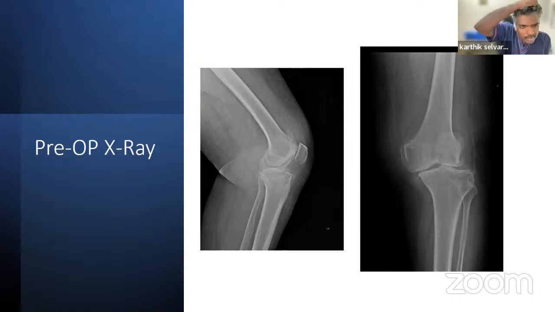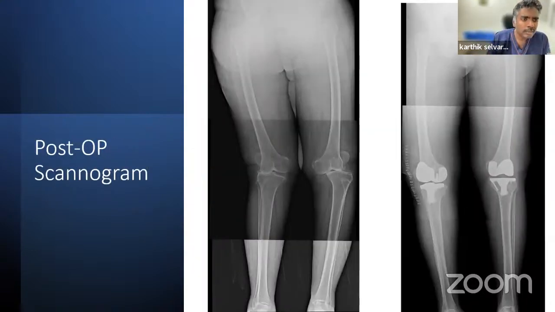You can show the scanogram, it's fine. So this is a windswept deformity with very minimal osteophytes, as you mentioned. This is the second scenario where there are not many osteophytes.